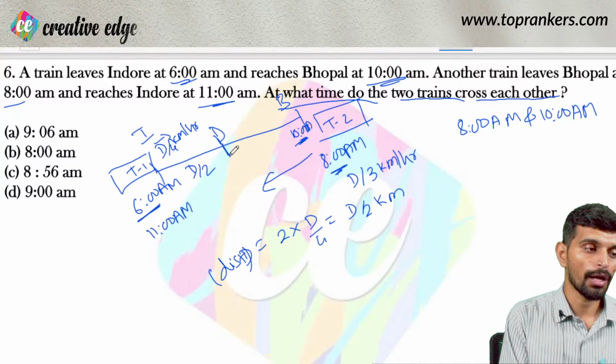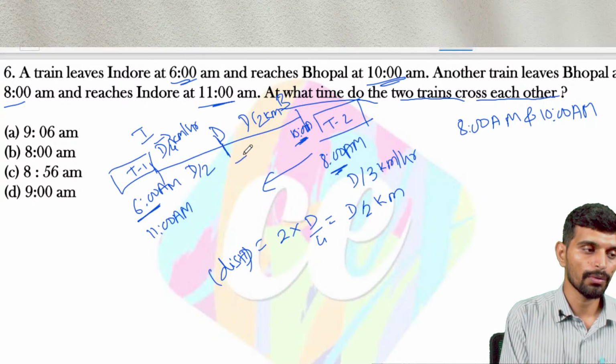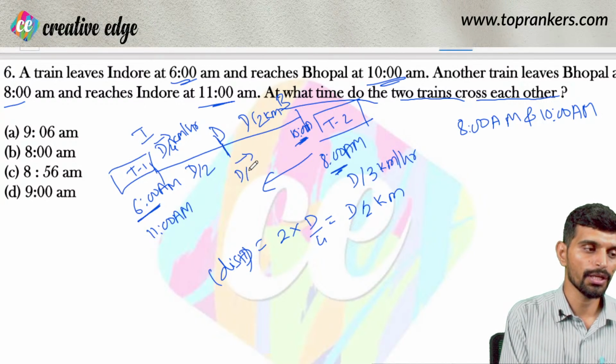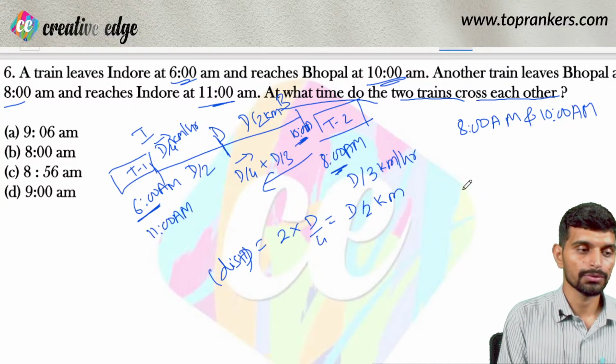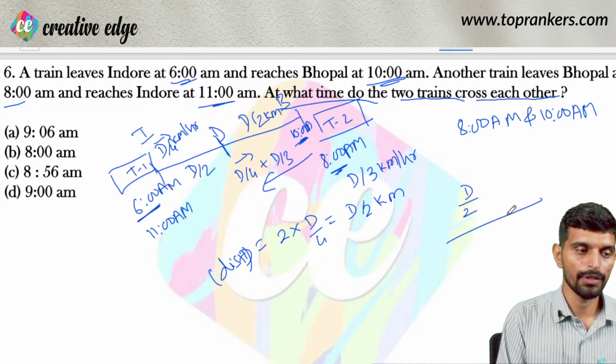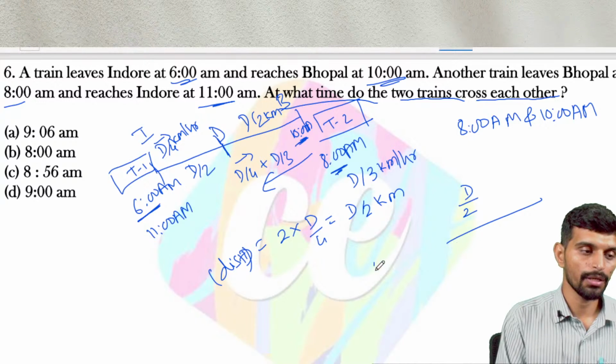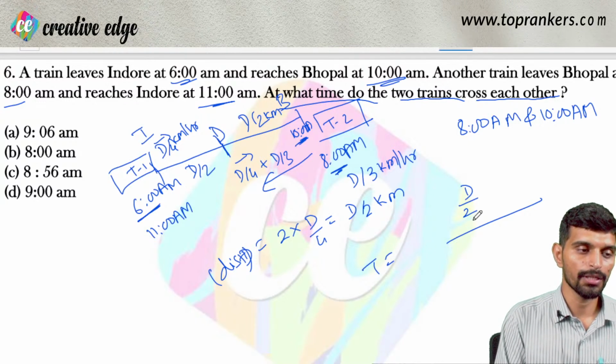So after this, the remaining distance is d by 2 kilometer, and the concept of relative velocity comes into the picture, that is d by 4 plus d by 3. So d by 2 distance is to be covered with this speed. So time will be distance upon speed, that is d by 2 divided by d by 4 plus d by 3.